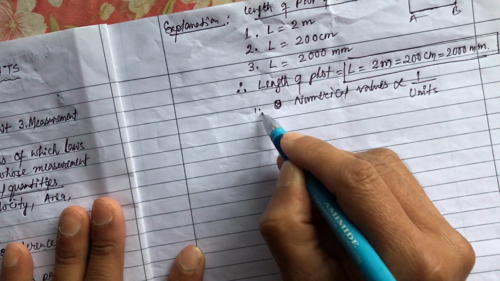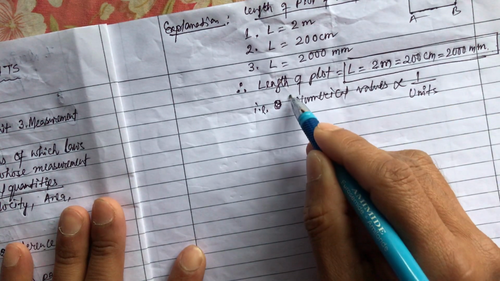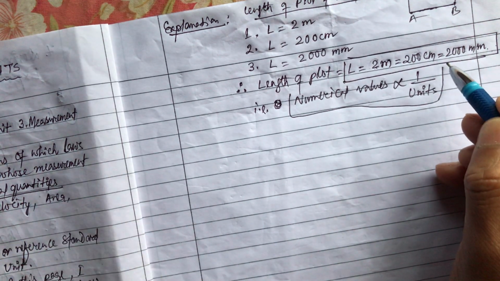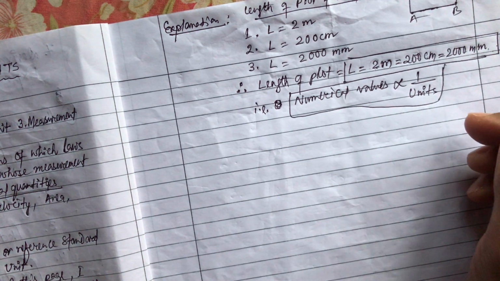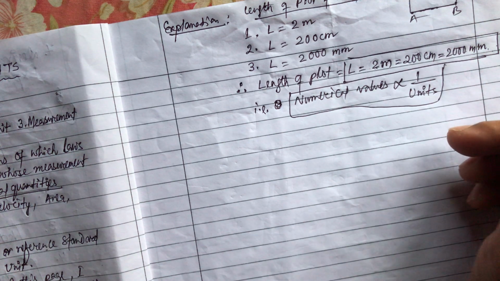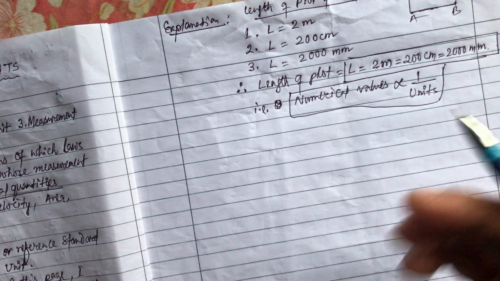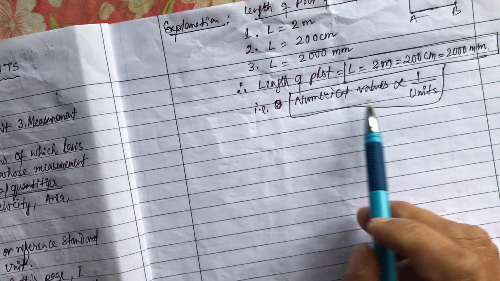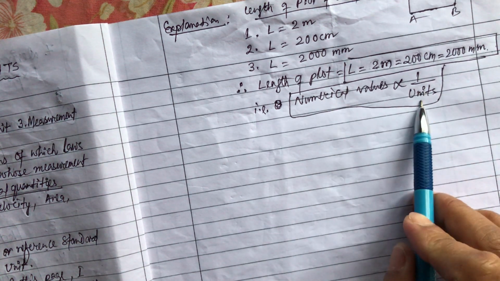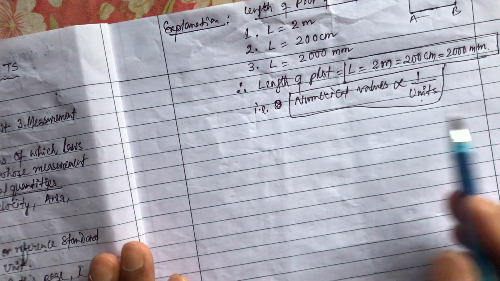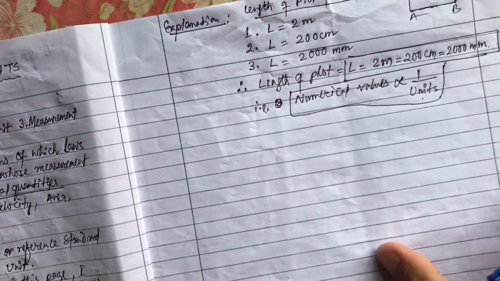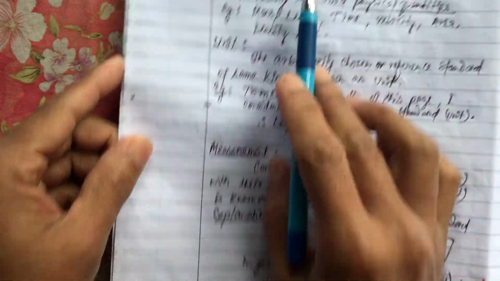This we should remember, because this kind of thing you will find in entrance examinations, even in multiple choice questions. So numerical value is inversely related to unit, meaning if the numerical value increases, the magnitude of the unit will decrease, and vice versa. So this is about your physical quantity, unit, and measurement.